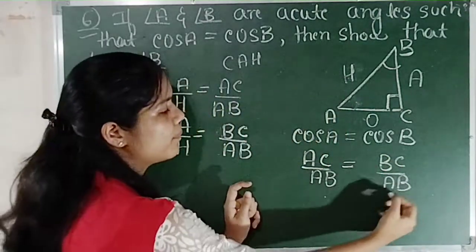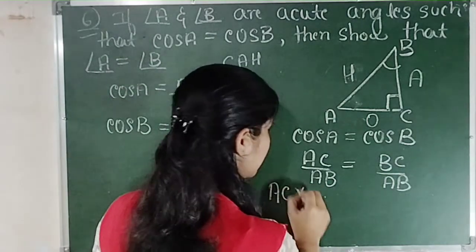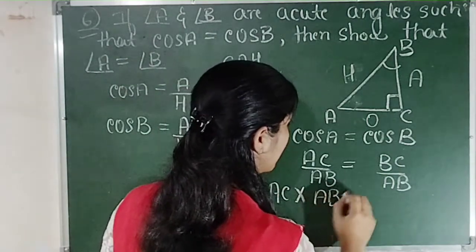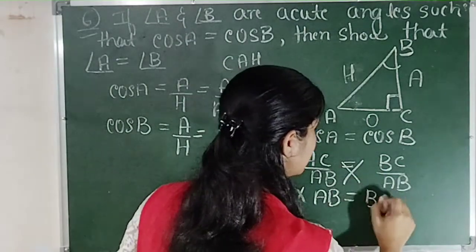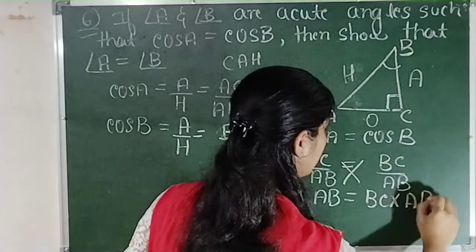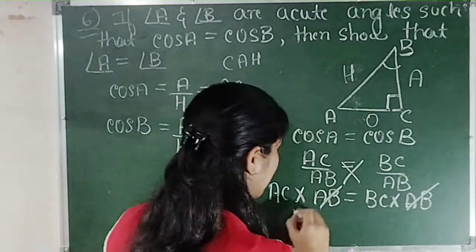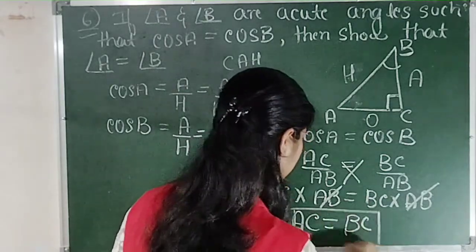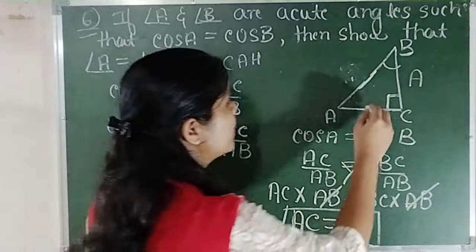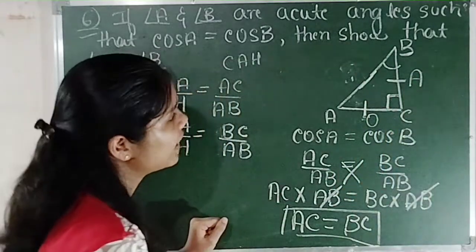Here AB and AB cancels, or else you can just cross multiply. AC into AB is equal to BC into AB. So this AB and this AB cancels. So we will get AC is equal to BC. That is, this side AC and this side BC are equal.